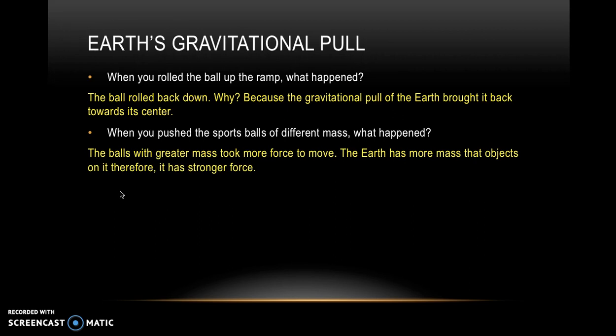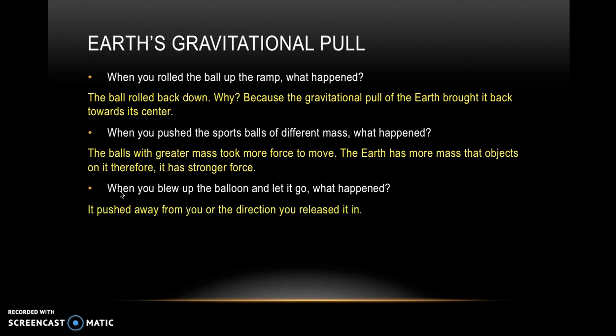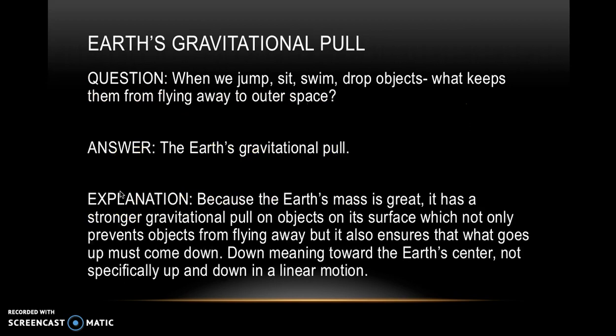The balls with greater mass took more force to move. The Earth has more mass than objects on it. Therefore, it has the stronger force to pull objects back to its center. When you blew up the balloon and let it go, what happened? It pushed away from you, or the direction you released it in.